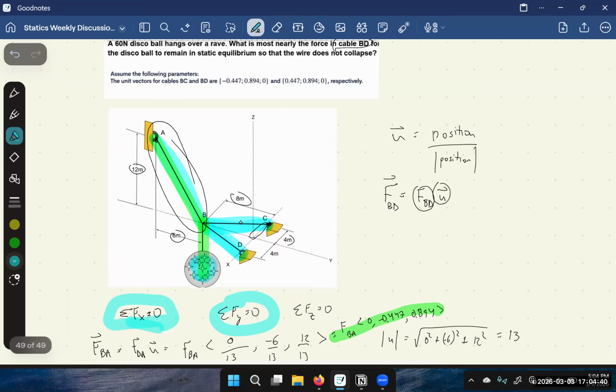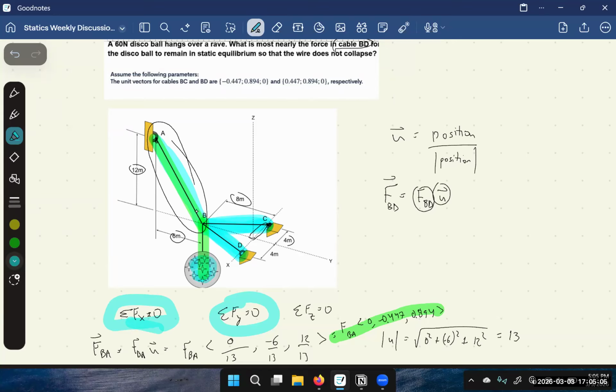And then another last thing is that these forces are symmetrical, FBC and FBD. They are set up so that they're both 4 meters away from the center line. They're both 8 meters back. So the measurements are symmetrical. That means the forces are equivalent.